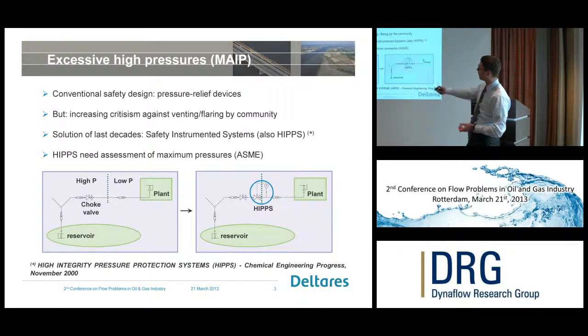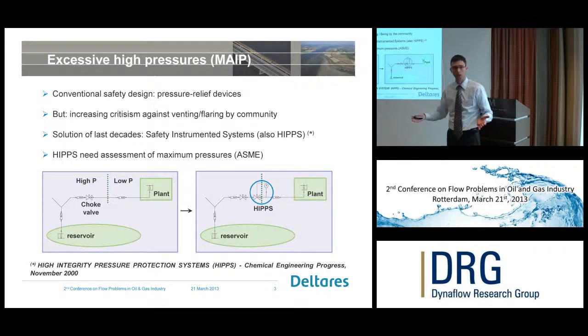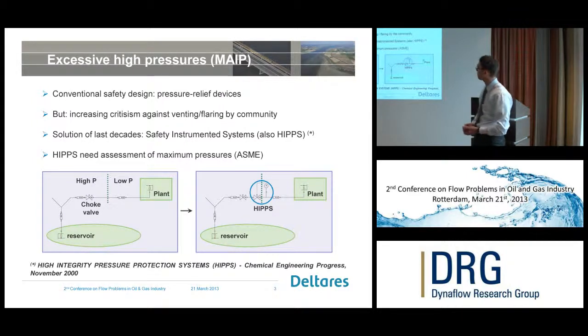What's more important is that there's increasing criticism against venting or flaring of hydrocarbons into the atmosphere. Ruud Henkes also mentioned in his presentation this morning that you can have sour gas, and that is especially not something you want to release into the atmosphere. So what's then an alternative?